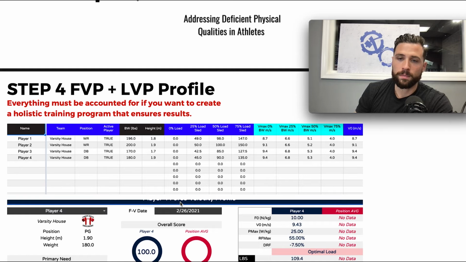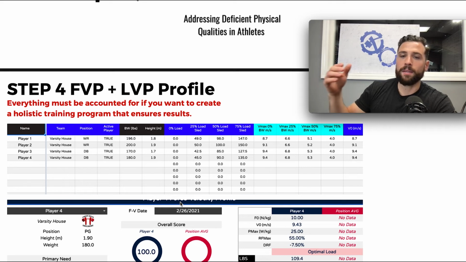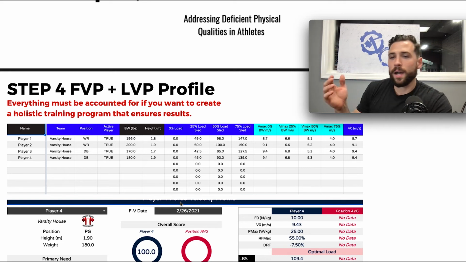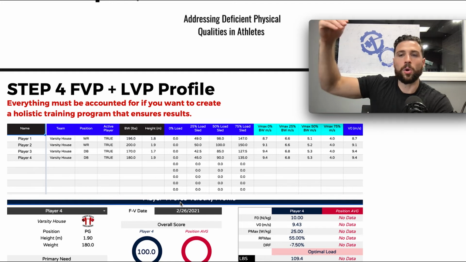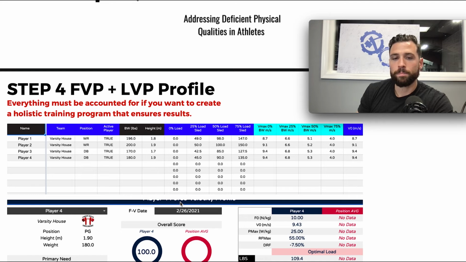Now, what we are looking for here is the optimal load per effort that they need to adhere to in our programming. So if somebody's optimal velocity is at 50%, or between 25 and 50%, that is where they're gonna hang out, and we're gonna load this sled up accordingly as we work our way through a program.